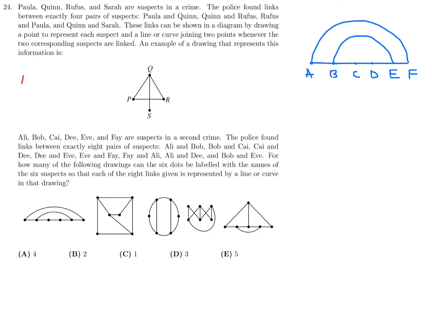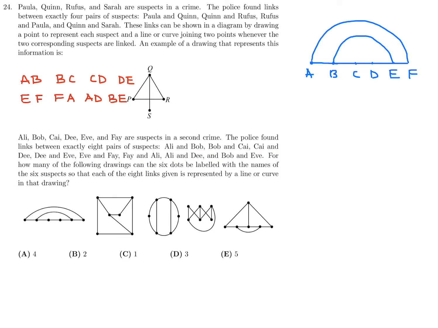So AB, that's one link, and so on. BC, CD, DE, EF, FA, AD, and BE. These are basically just written out in terms of the first letter of the names, right? That's all I did there.